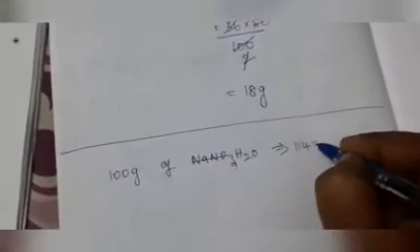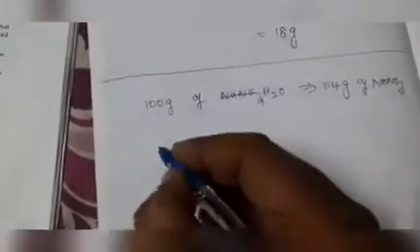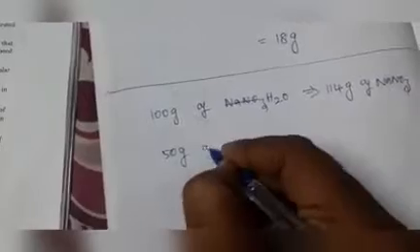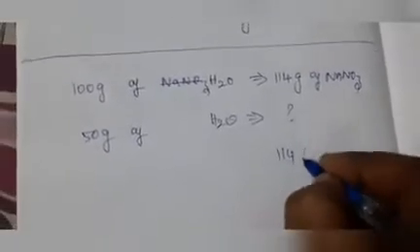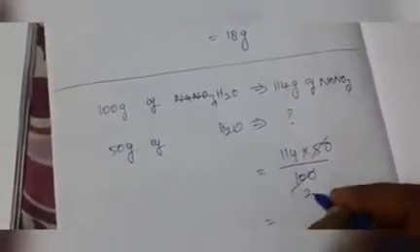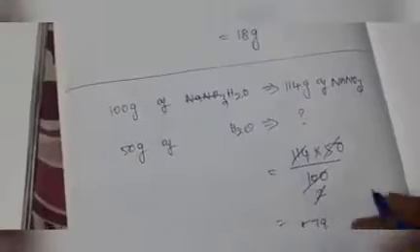contains 114 grams of sodium nitrate. Then 50 grams of H2O contains how much NaNO3? 114 into 50 divided by 100, that means 57 grams.